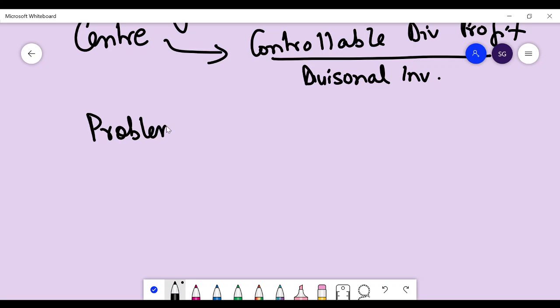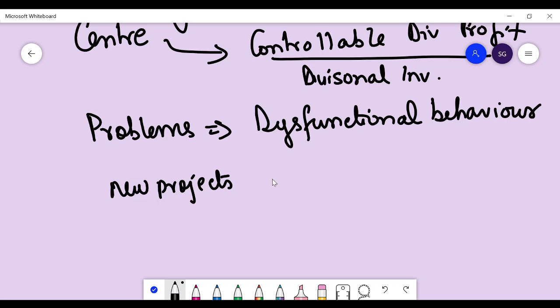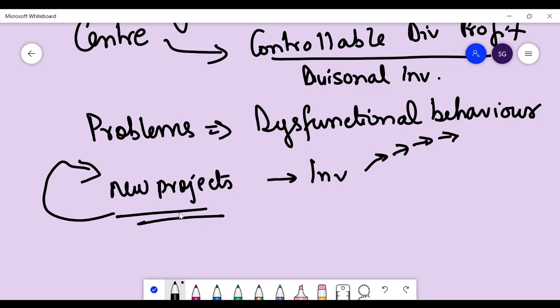Problems with this are dysfunctional behavior. New projects have an impact on investment but may increase profits over time, due to which we may make a wrong decision because then we will avoid this investment.